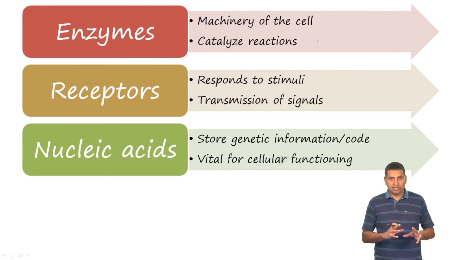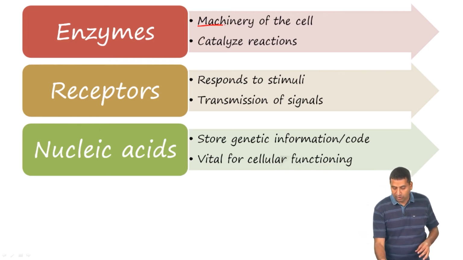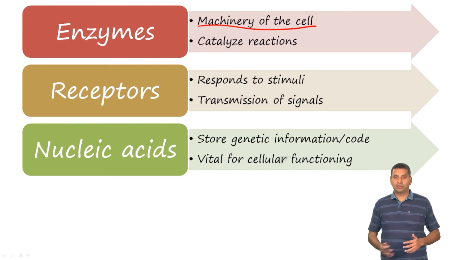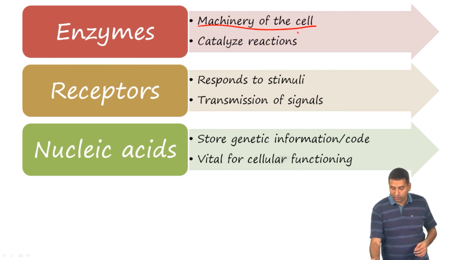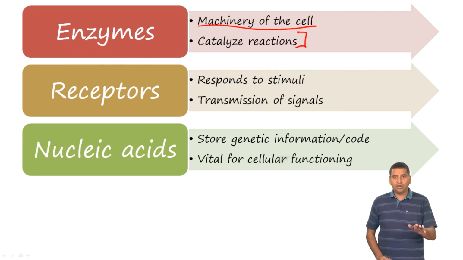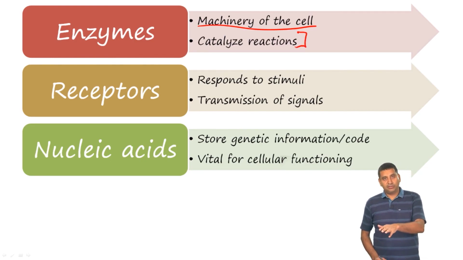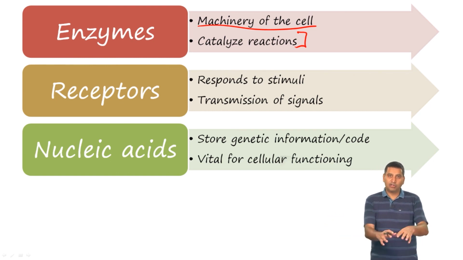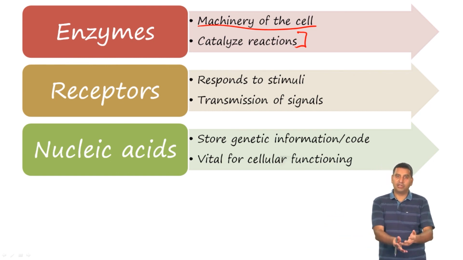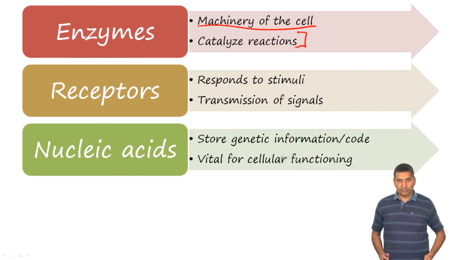One is enzymes, which are used to turn over a number of substrates inside the cell, metabolism for example, and they also catalyze reactions. Not all proteins are enzymes and not all enzymes are proteins. There are RNA based enzymes for example, but for the purposes of this discussion we shall assume that a large number of enzymes are proteins.